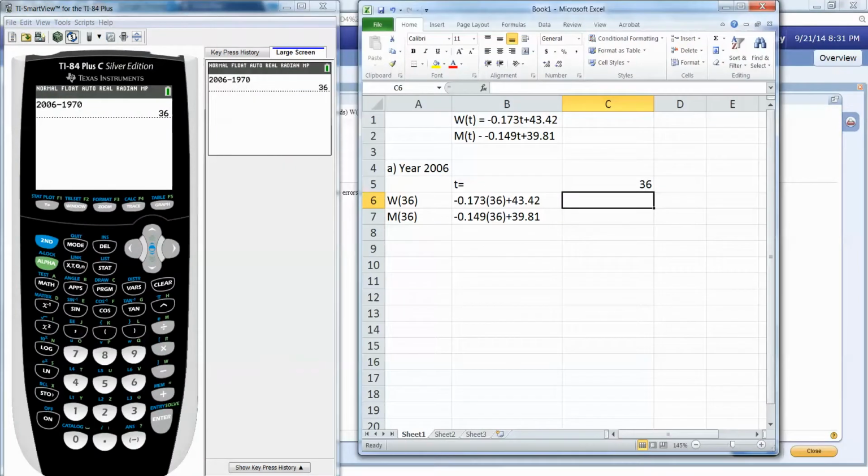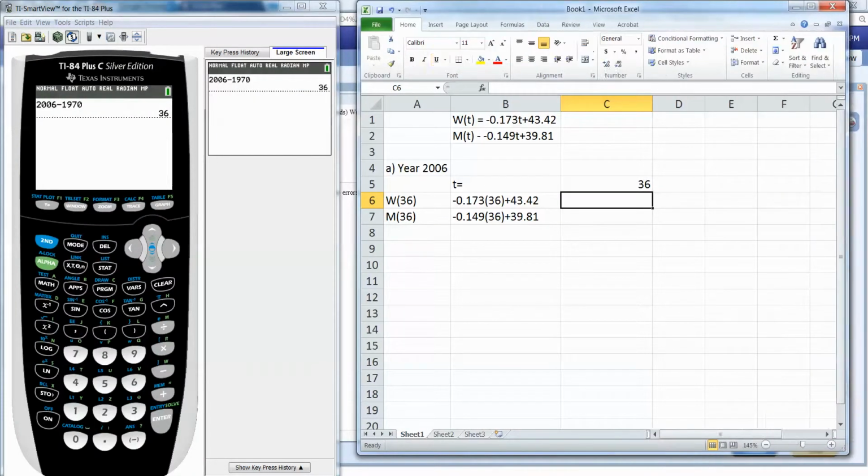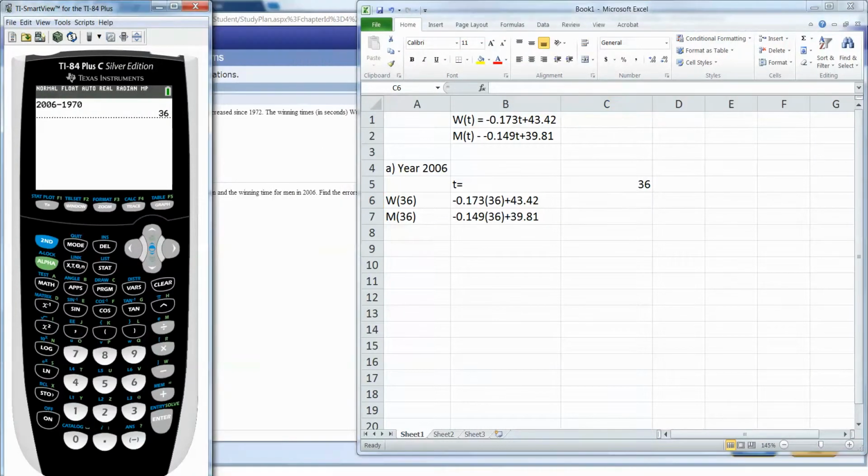Here, let me move this so you can see it a little bit better. All right, so negative, don't forget to use the negative sign, 0.173 parentheses 36, close your parentheses, plus 43.42. So that's 37.192. And then I'll do it again for the men. 0.149 parentheses 36, close parentheses, plus 39.81.